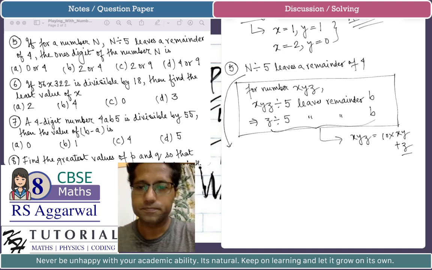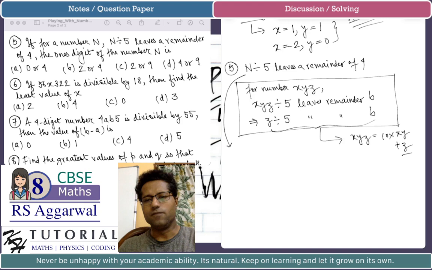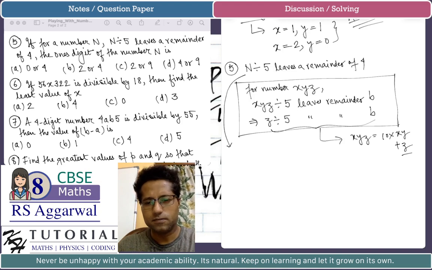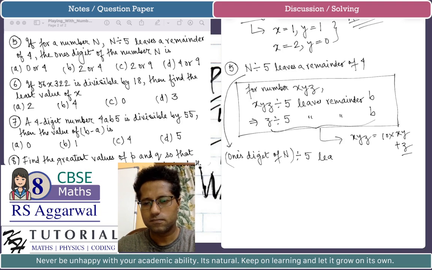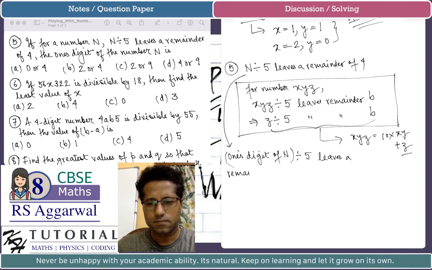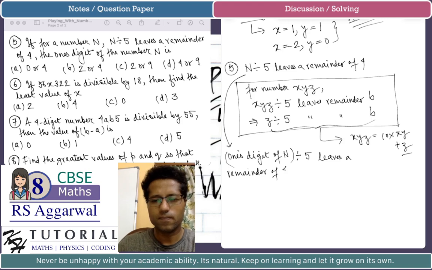So from here we can say that the ones digit of n, when divided by 5, leaves a remainder of 4.